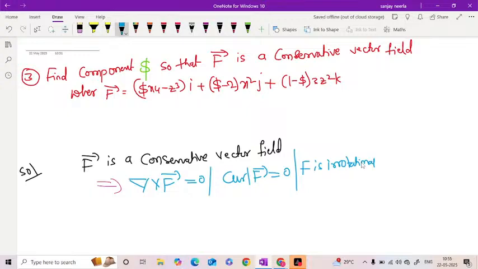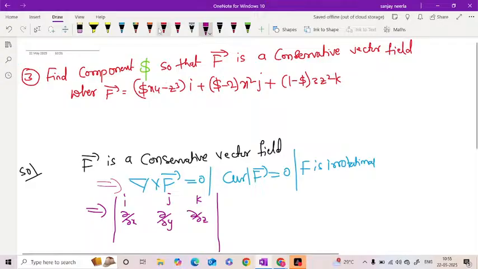Okay, so from this we have to find our lambda. Now first row is i j k. I am writing directly. Second row is dou by dou x, dou by dou y, dou by dou z, and what is the third row?